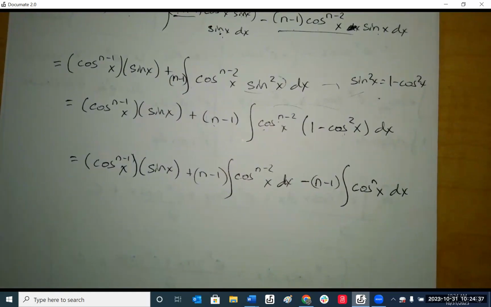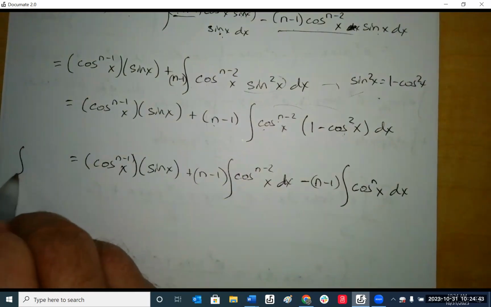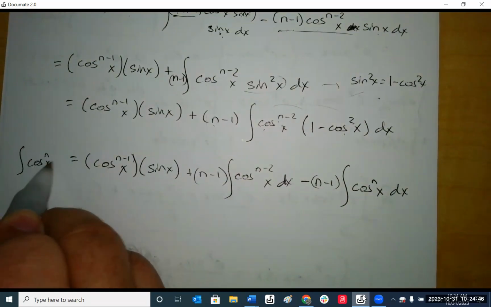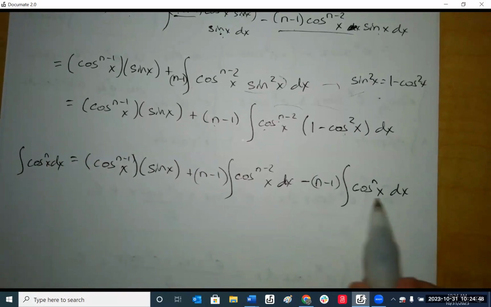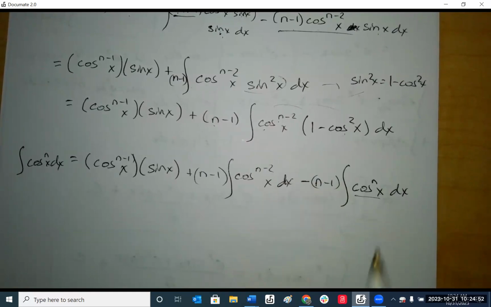All right, so let's see. On this side, we have the integral of cosine^n x dx, and here we have a cosine^n x dx, but it's also got a coefficient.